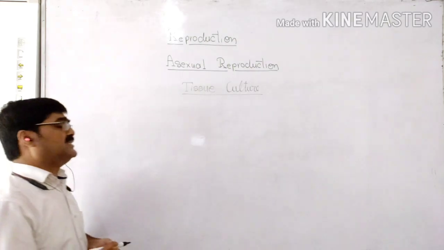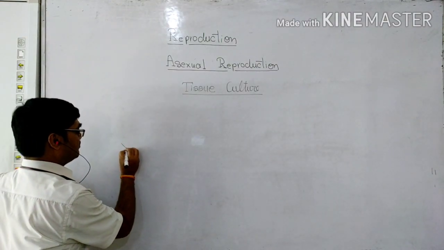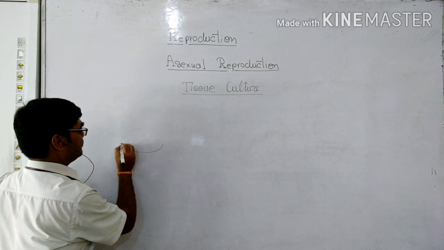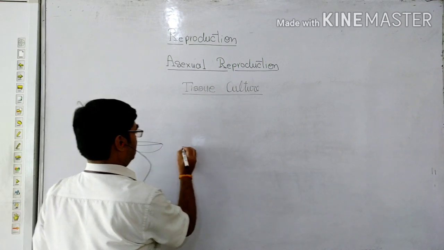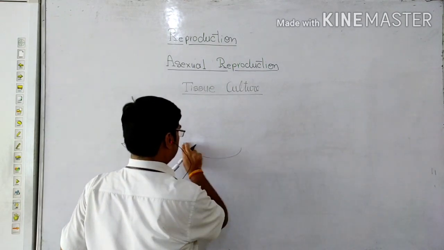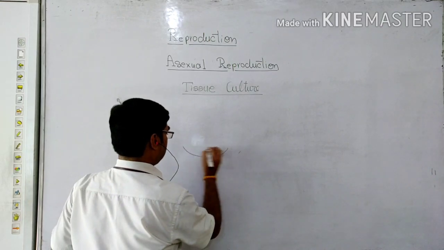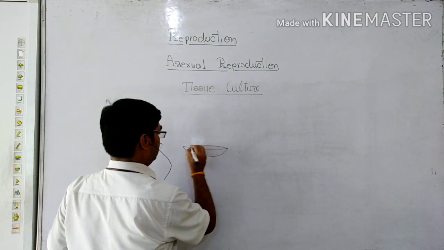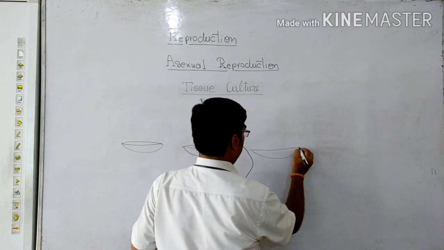So let's discuss its method. For this we prepare some culture solutions like this. We take different pots here: number 1, number 2, number 3.